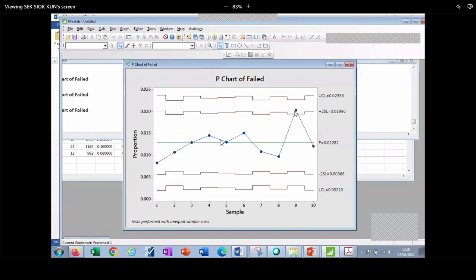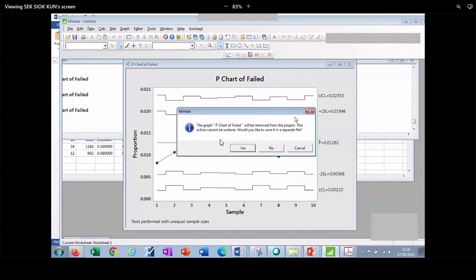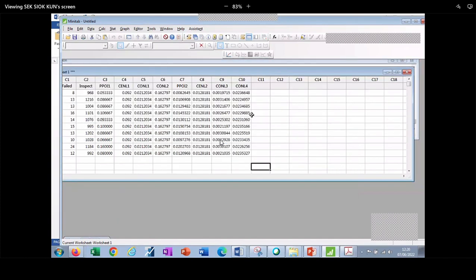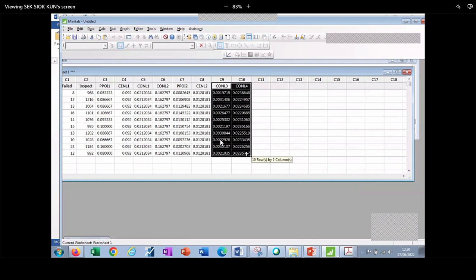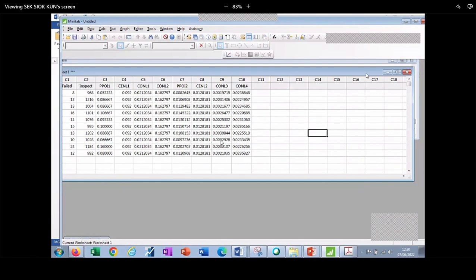Again, there's 1 point above. With a different sample size, the upper and lower control limits also show different values. So this is the P chart.